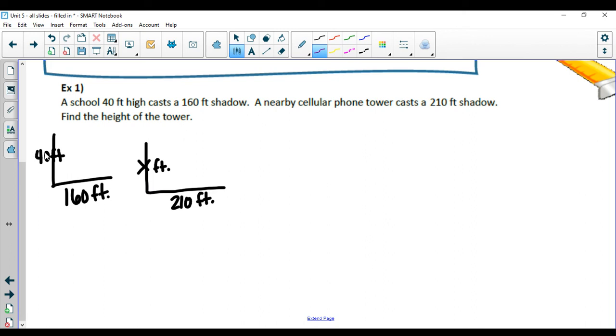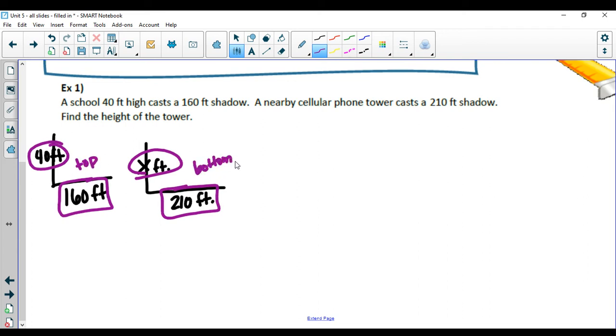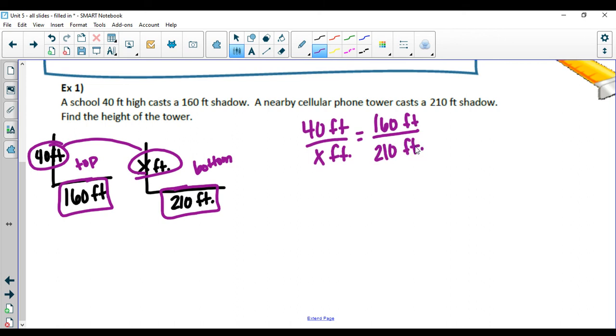In similar figures, you'll remember that we circled and we boxed, and then we wrote proportions, and we said these ones will go on the top, these ones will go on the bottom, and we're going to follow that same idea here. So I'm going to do 40 feet over x feet is equal to 160 feet over 210 feet.